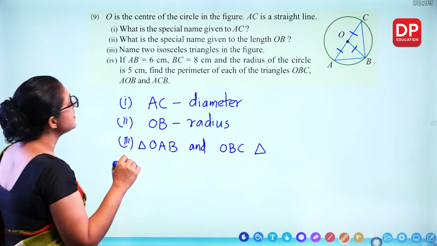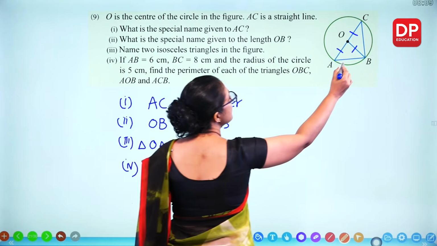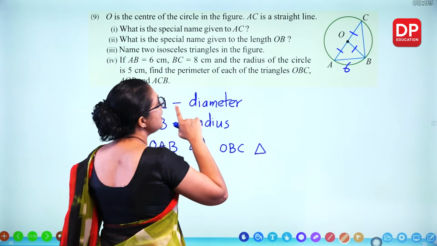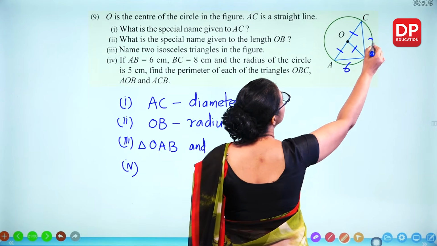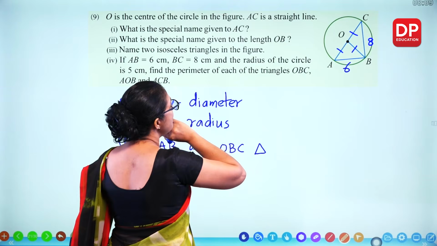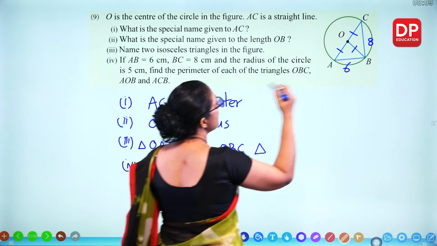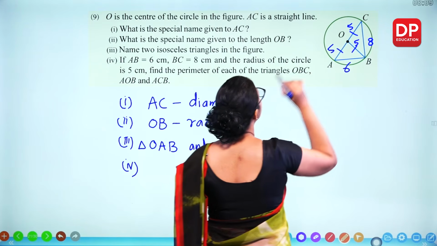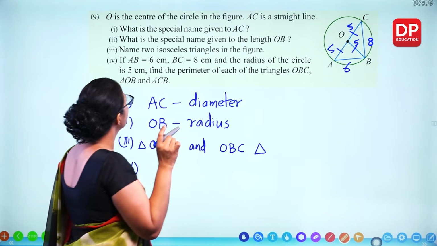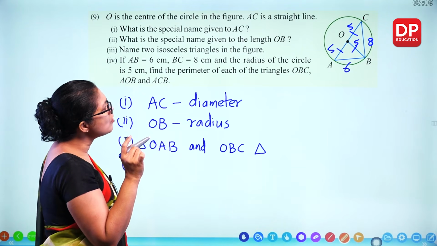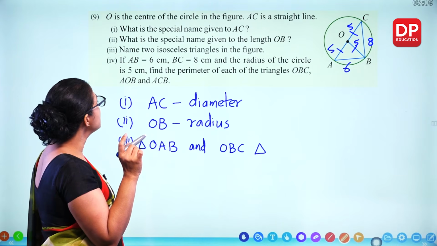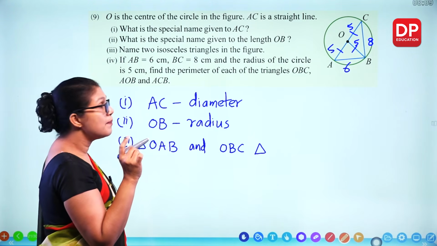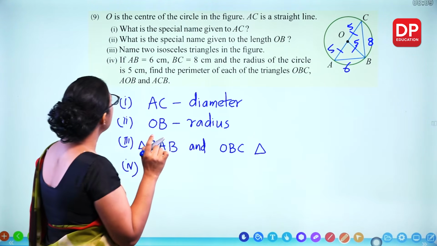If AB is 6 centimeters, BC is 8, and the radius of the circle is 5. So this is 5, this is 5, this is 5. Find the perimeter of each of the triangles OBC, AOB and ACB. So we'll do it separately.